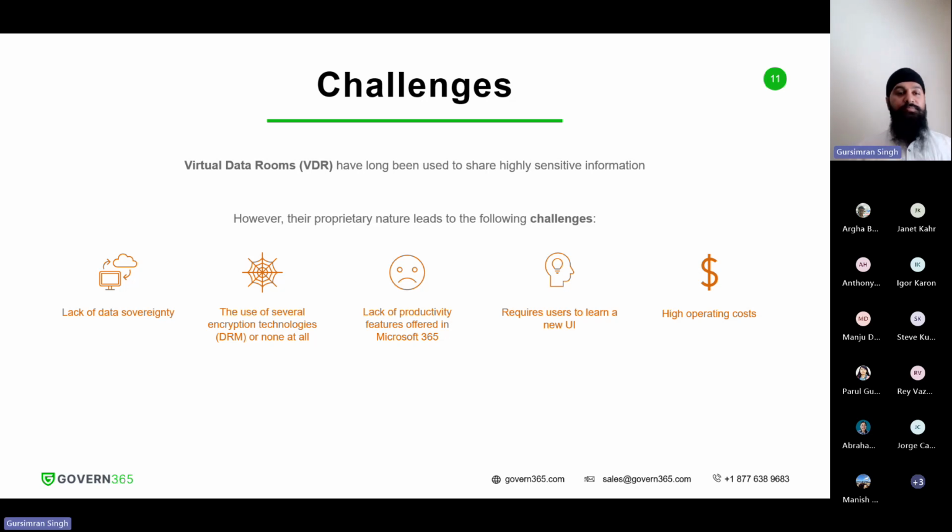The majority of virtual data rooms that we've come across do not have any sort of linkage between Microsoft 365 and the virtual data room itself. So there's a lack of productivity. M365 is a giant for collaboration, and that's pretty much what they're designed to do from the modern standpoint. Being able to take advantage of that while being in a virtual data room and having that level of security, that's going to be a huge plus point, and that's a challenge in existing virtual data rooms.